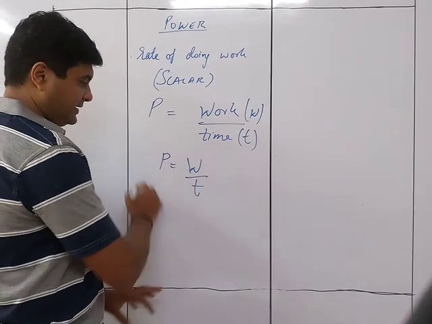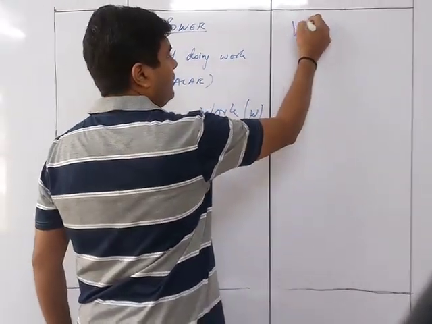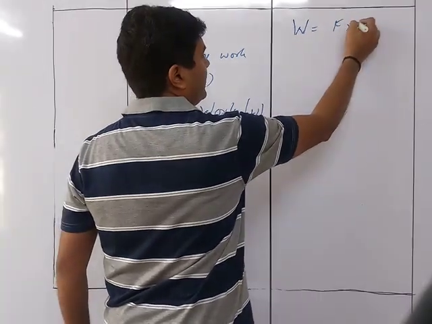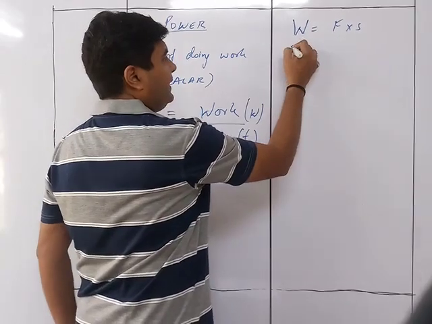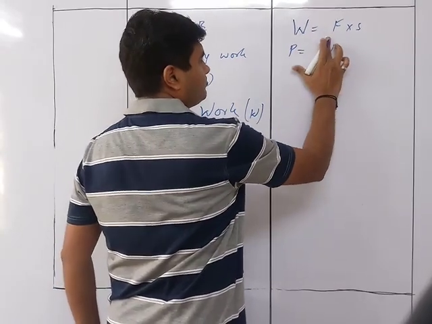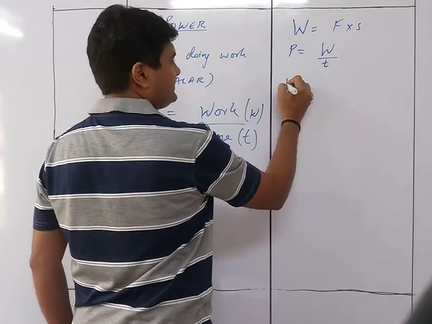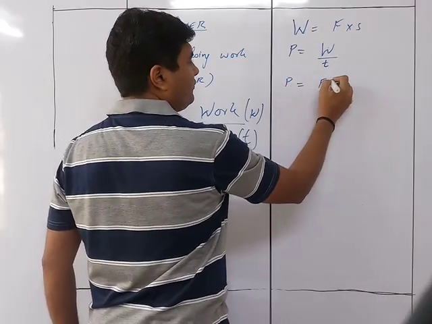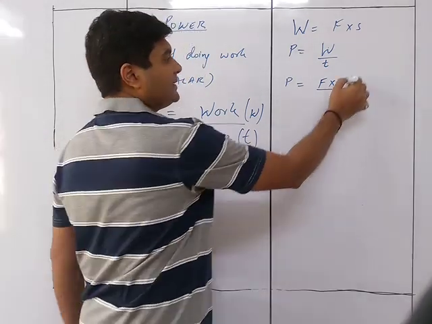Now let's see something more over here. I have W is equal to F into S, and P is equal to W upon T. So let's replace this. P is equal to F into S upon T. Now what is S upon T?